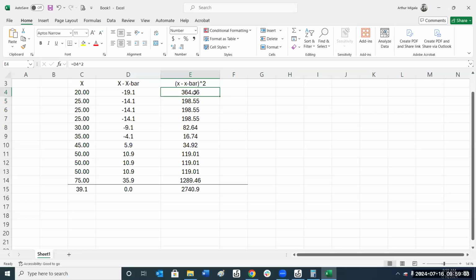Okay, let me see those then. So we have 19.1 squared, 14.1 squared, 14.1 squared.